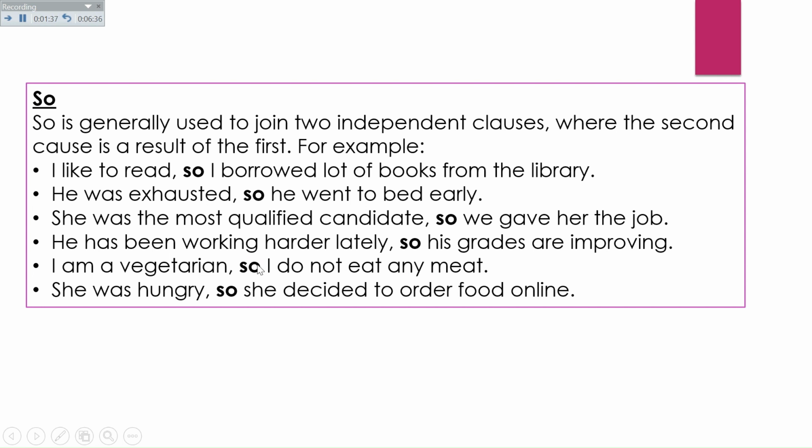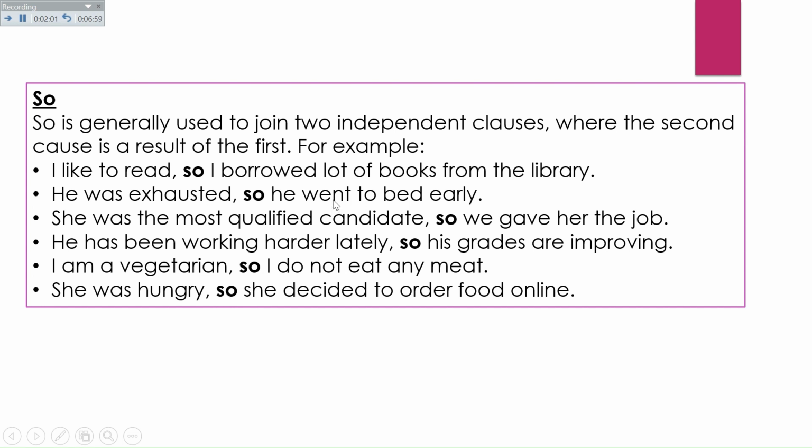Because I'm a vegetarian. So the second clause is the result of the first clause, right? Let's take another example. She was hungry, so she decided to order food online. Why did she decide to order food online? Because she was hungry. So these are two independent clauses. We will place a comma before the coordinator.